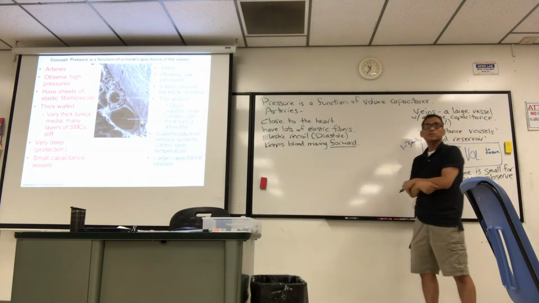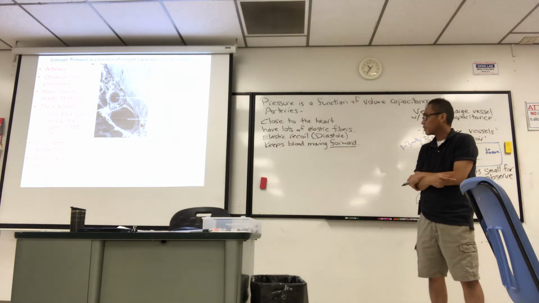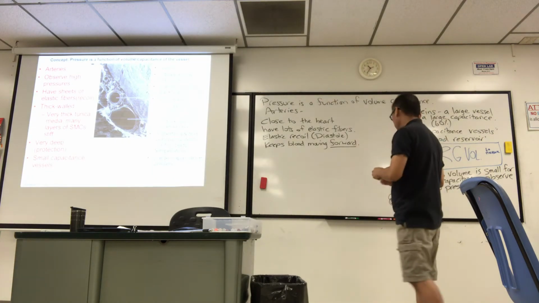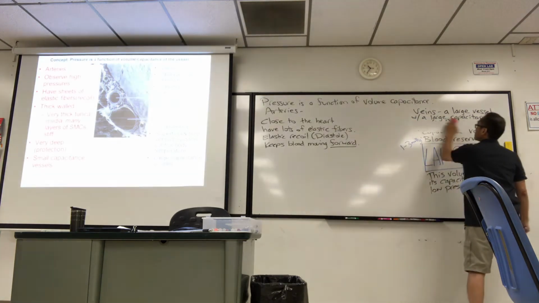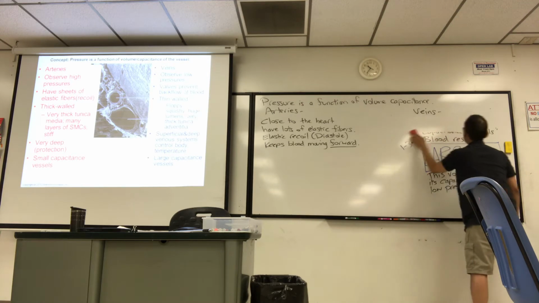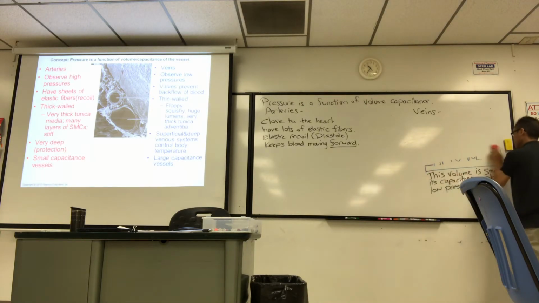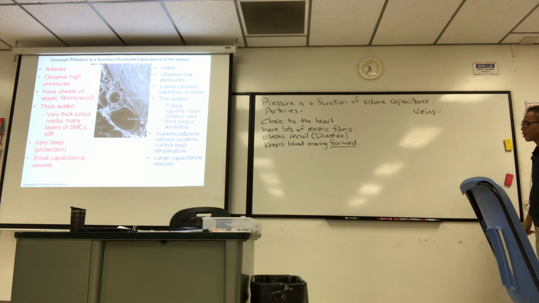How come not backwards? Yeah, the valve closes, right? Which valve? Aortic semilunar valve. So think about that. Let's see for veins. Arteries don't have valves throughout their length. They have the one valve, the aortic semilunar.